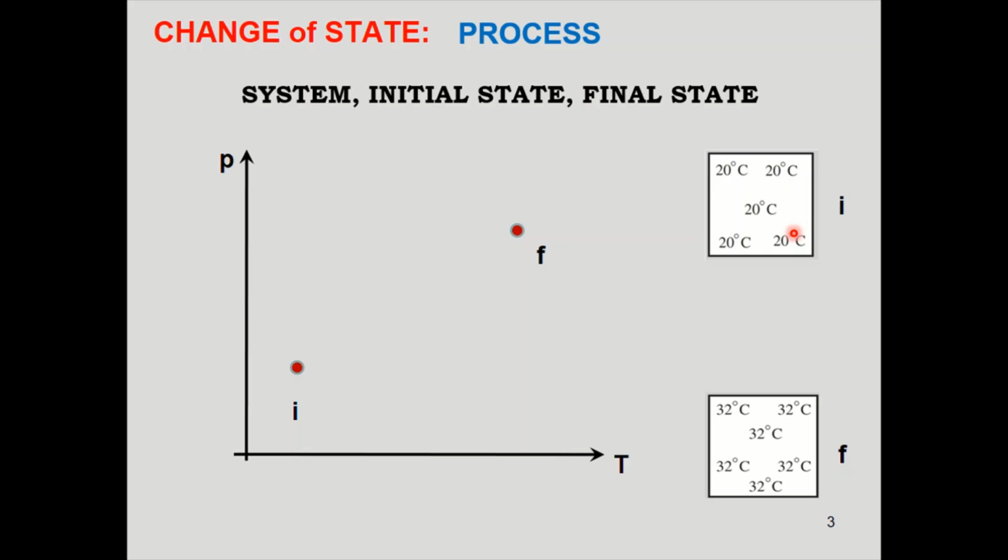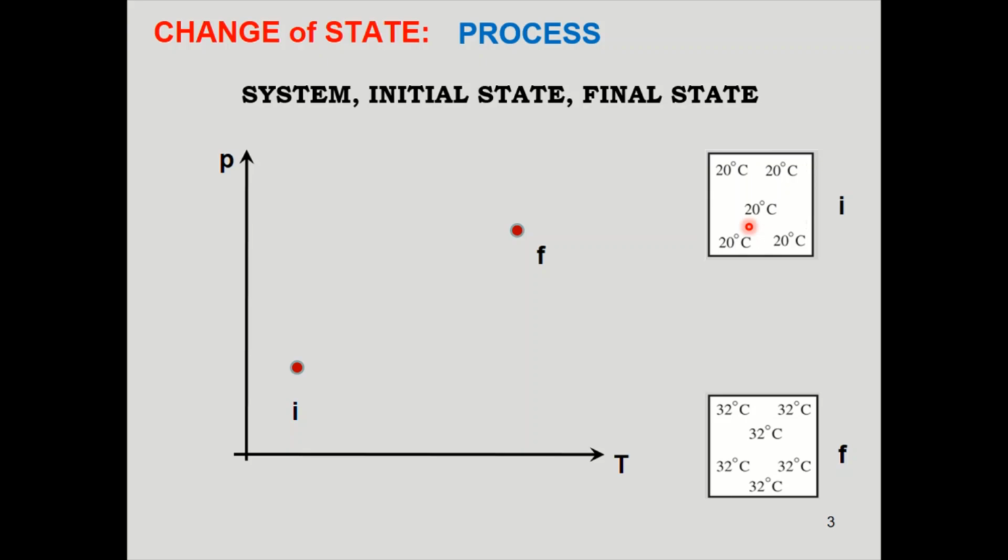Okay, so for a process to be defined, we need an initial point, a final point, and obviously the system in which that process is occurring must be clearly defined with its boundaries. Okay, fine.